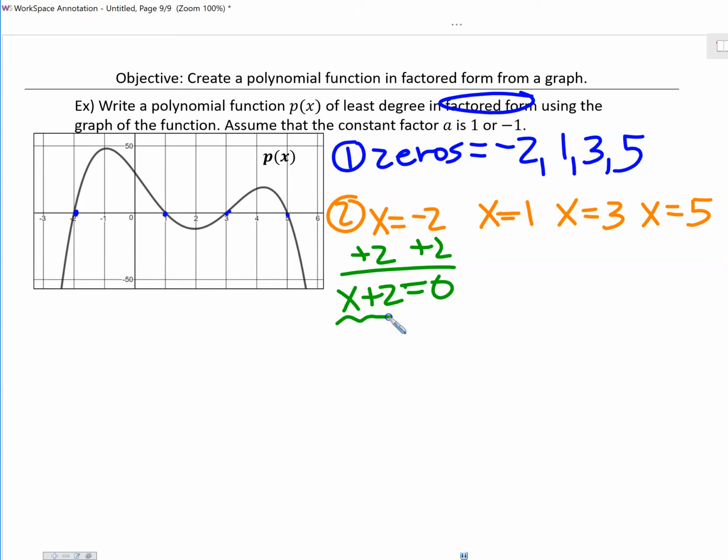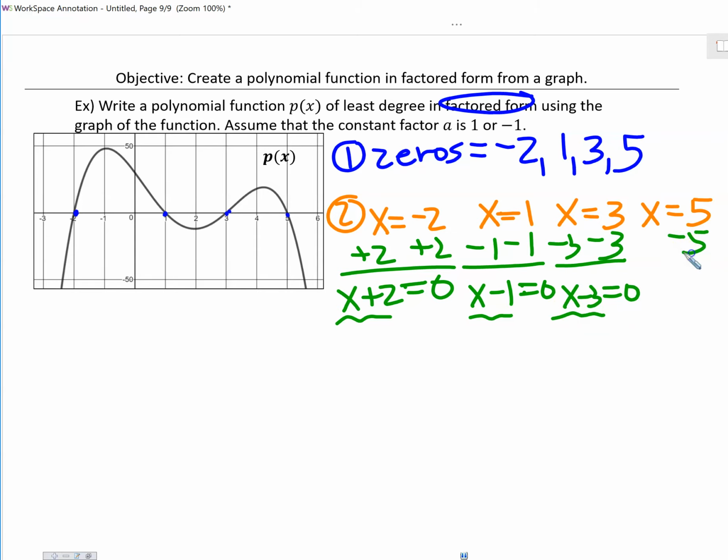So x plus 2 is a factor. Subtracting 1 here gives me x minus 1. So x minus 1 is a factor. Subtracting 3 from both sides in the next one gives me x minus 3 is a factor. And subtracting 5 for this one gives me x minus 5 as a factor.